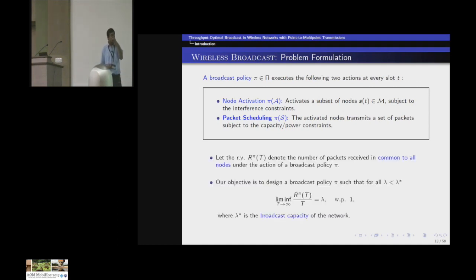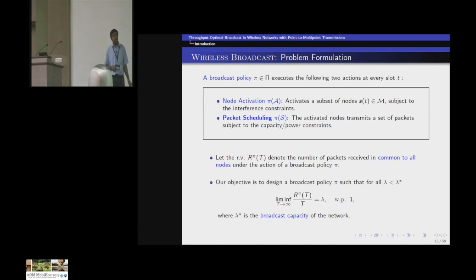Consider a policy pi, and let the random variable R_pi(t) denote the number of packets received by all nodes in the network up to time t under the action of the policy pi. The limit of R_pi(t) over t is the rate of common packet reception by all nodes in the network.